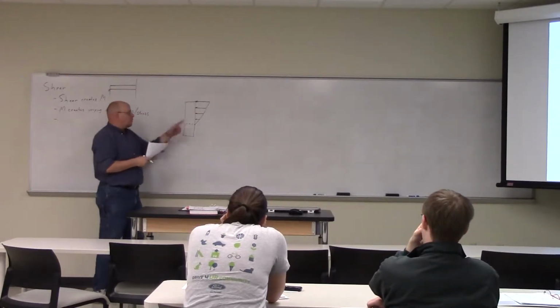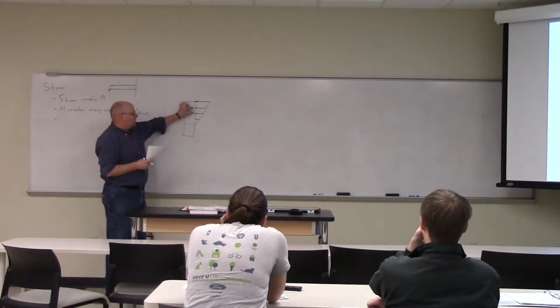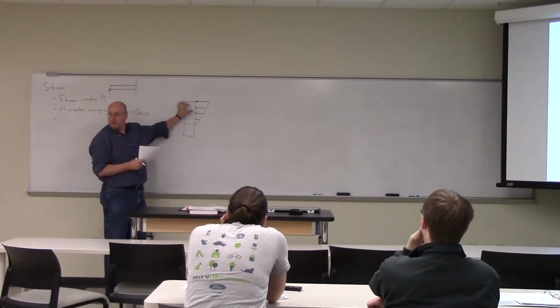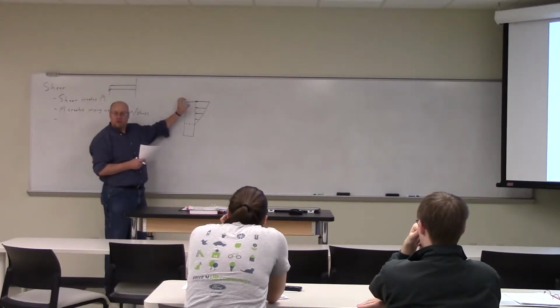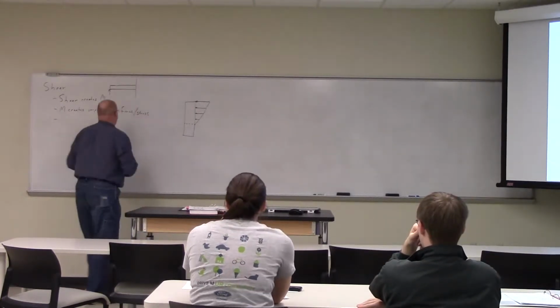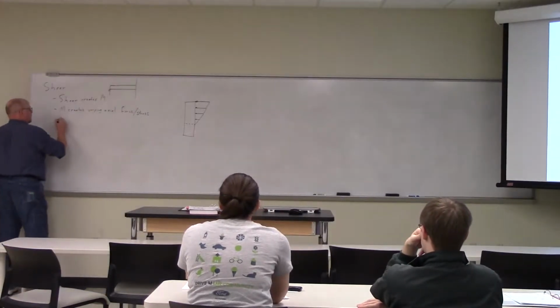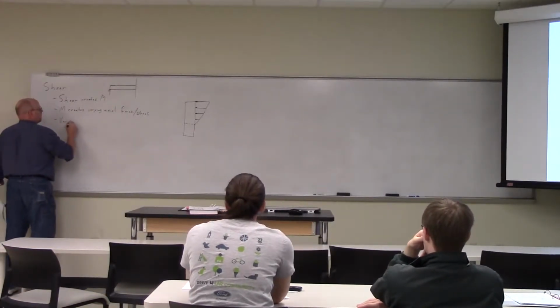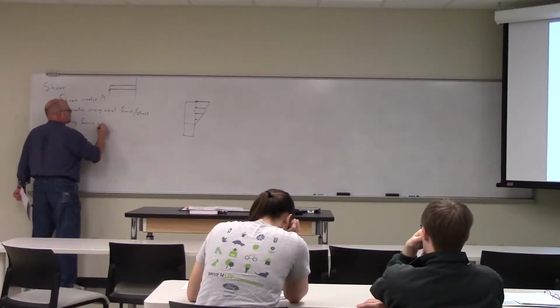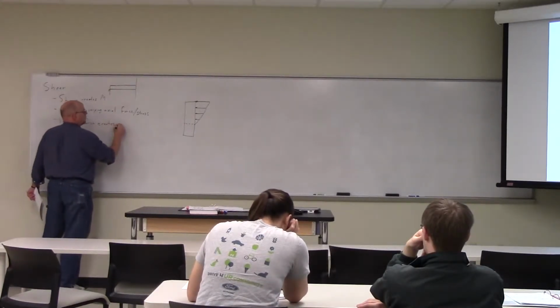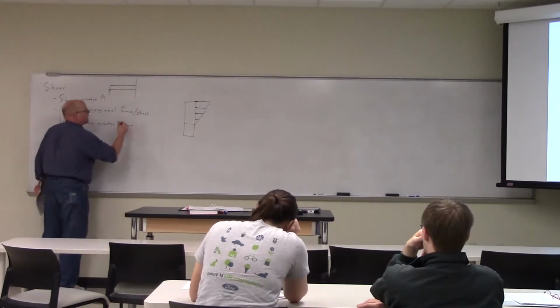So I'm creating a shear on this little element here because the top's being pushed more than the bottom. You see that? Qualitatively. So the varying force creates a shear. So it's a complicated solution.